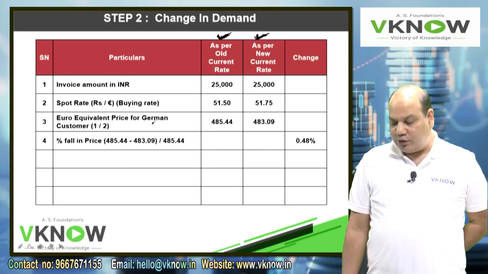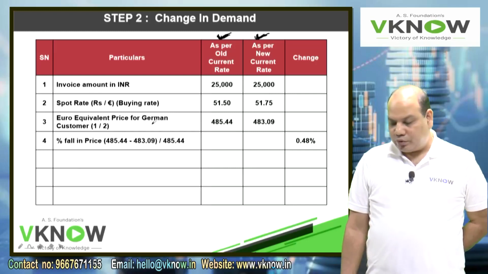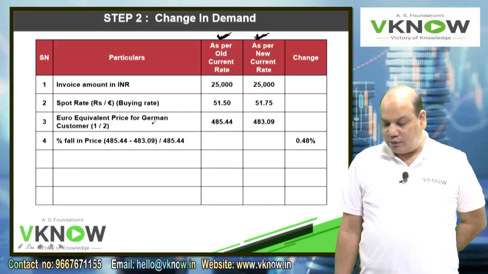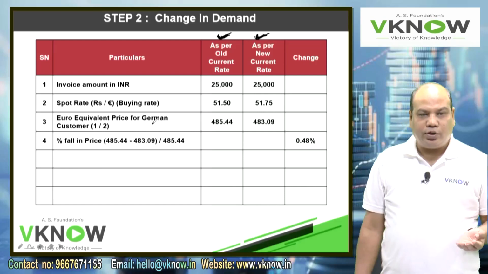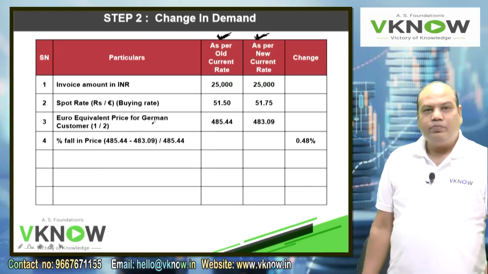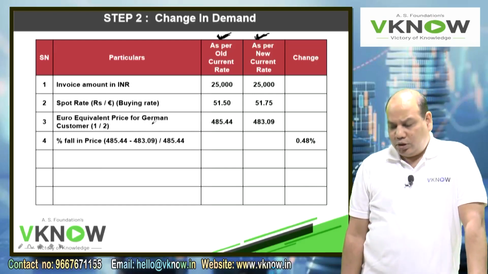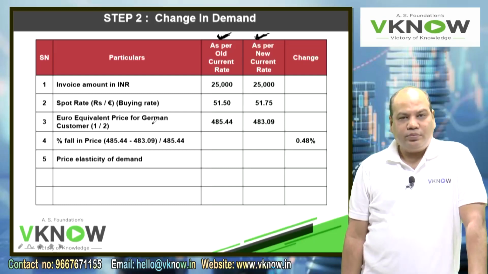Percentage fall in the price will be 485.44 minus 483.09 divided by 485.44, because the base will be 485.44. From there the price has changed by 0.48% for him. This is the only question where they have spoken about the price elasticity of demand.